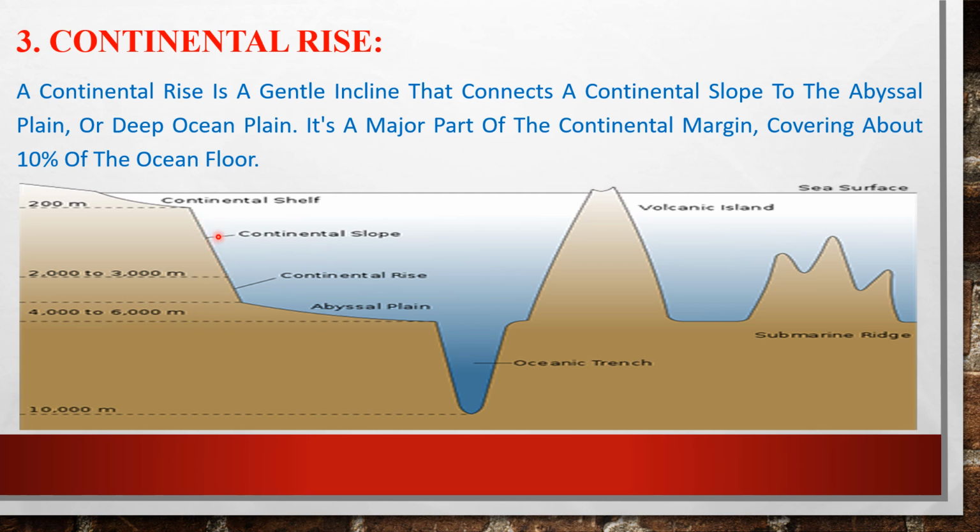We have seen in the previous slide, it belongs to 5 degree to 60 degree angle. Then the continental rise, and this is the abyssal plain. Have you heard these terms, submarine canyons, submarine trenches? These types of features we can find on the continental slope.